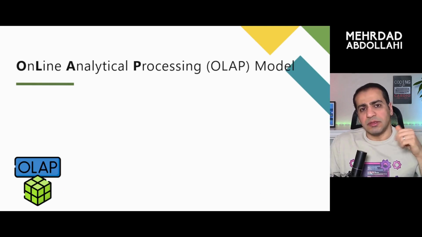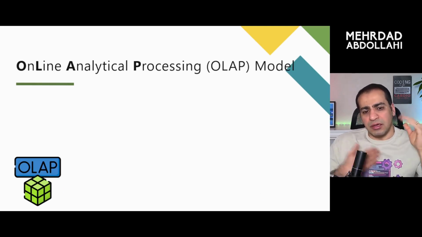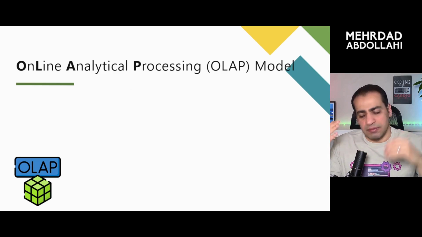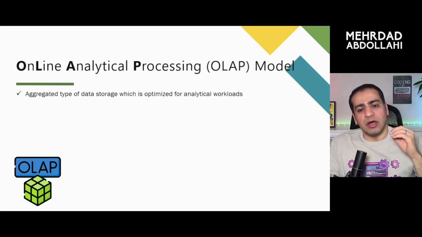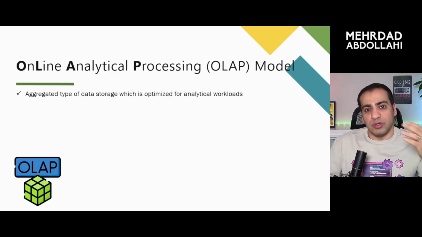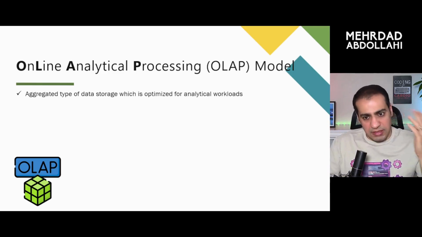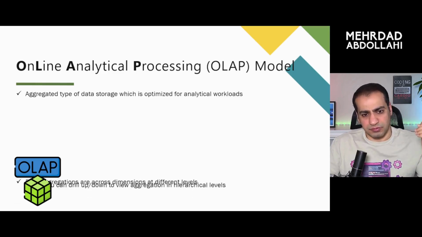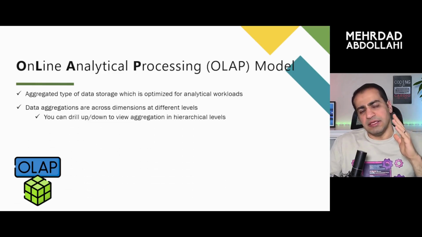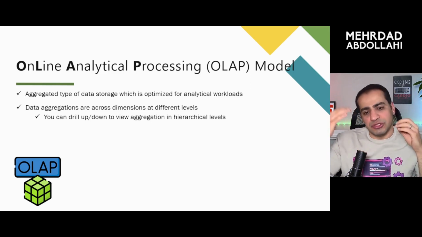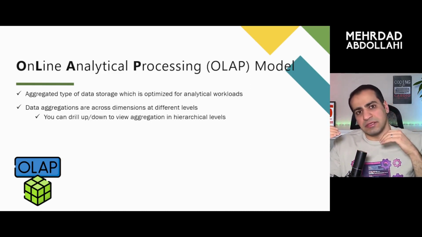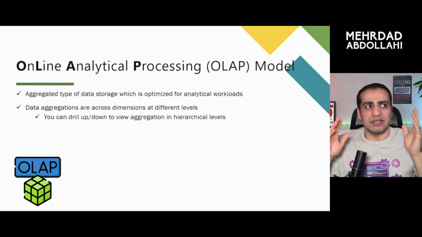We also talked about OLAP. What is OLAP? It is the Online Analytical Processing model, which is an aggregated type of data storage optimized for analytical workloads. The data aggregations are across dimensions at different levels. What is a dimension? Let me give you an example.